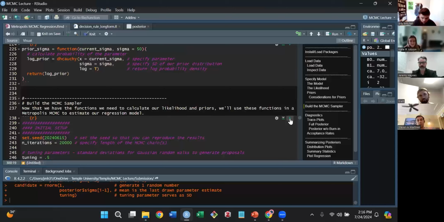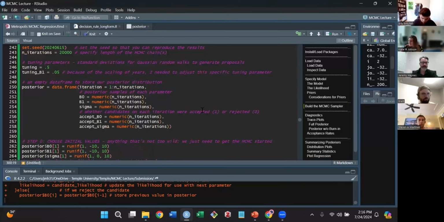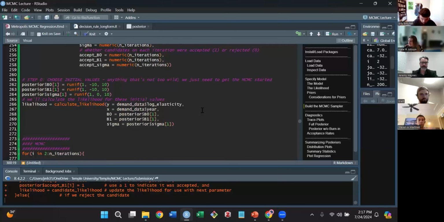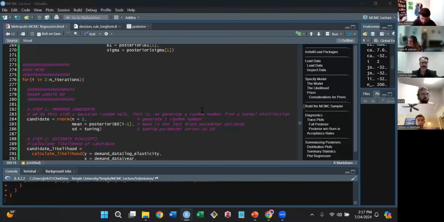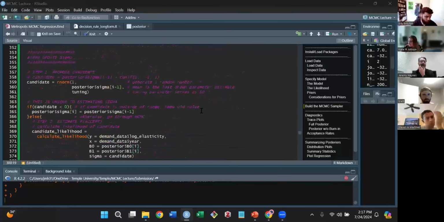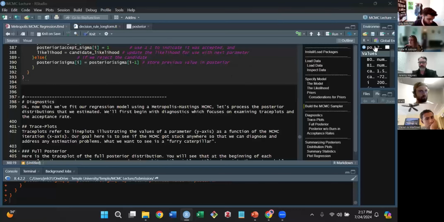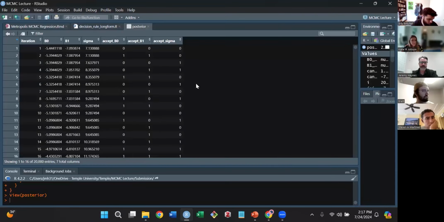Okay, so let's run this thing. This should only take a little bit of time, like 30 seconds. All right, so now we have our posterior. What does this look like? And you'll see it's all filled out.